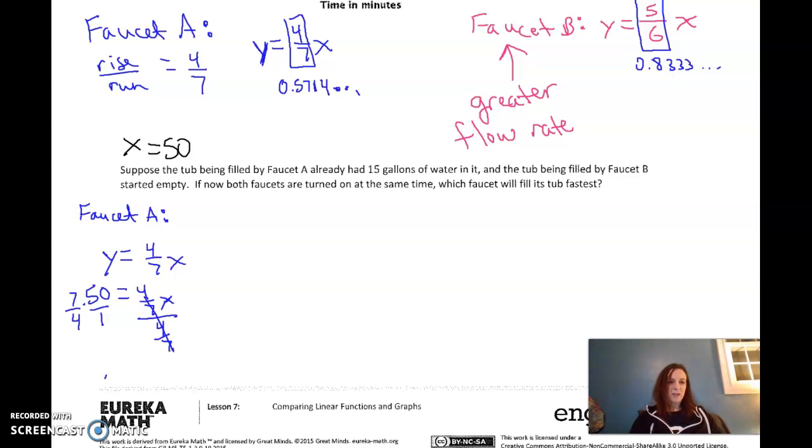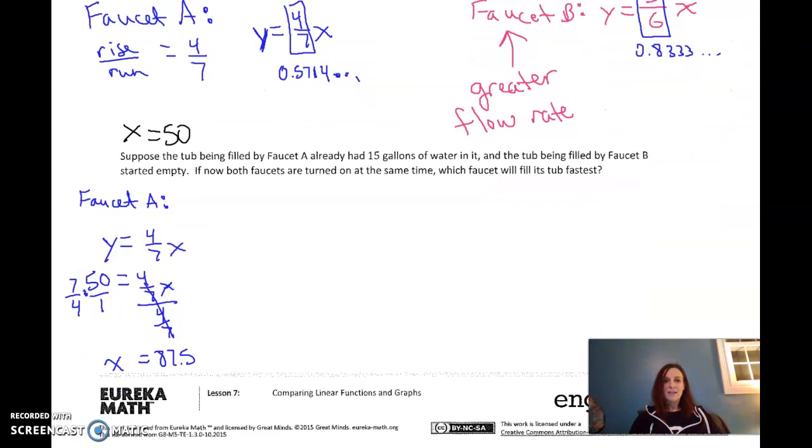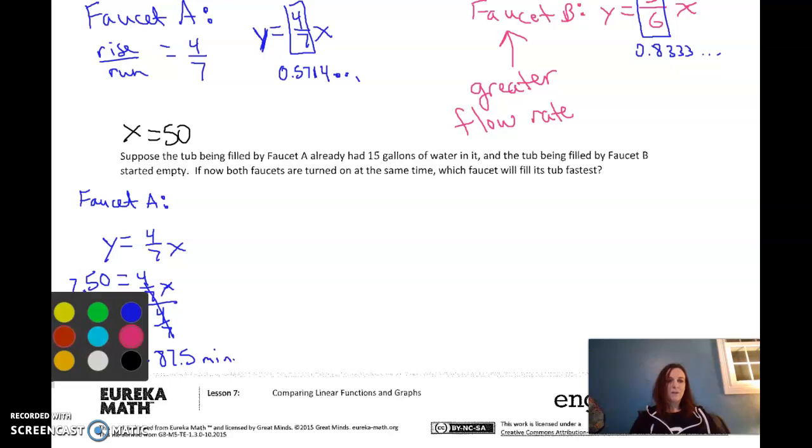If you type that into a calculator, 7 times 50 is 350, divided by 4. You're going to get x equals 87.5. Remember, x is the number of minutes, so 87.5 minutes.